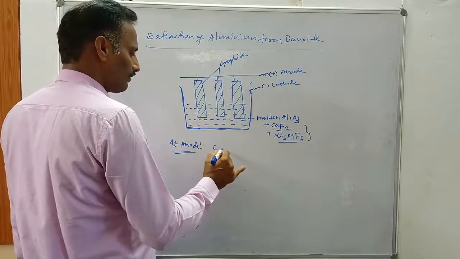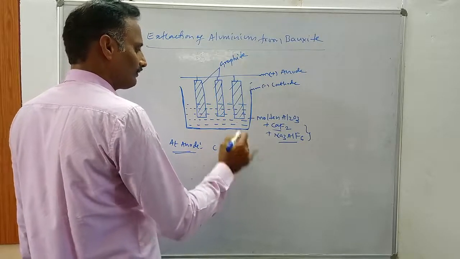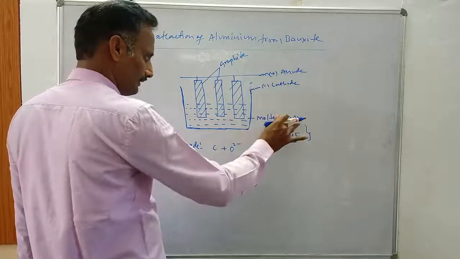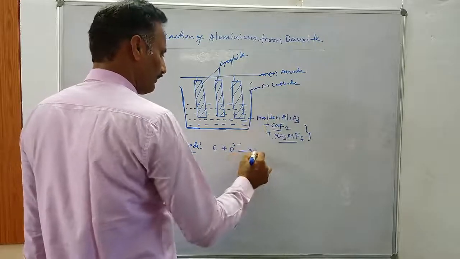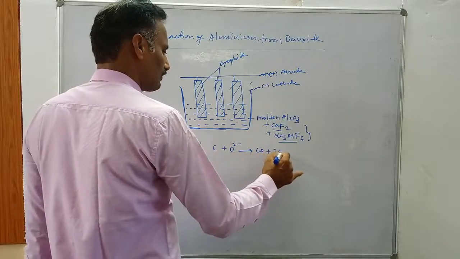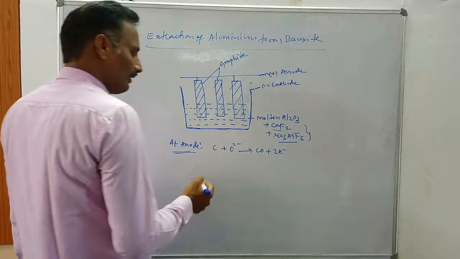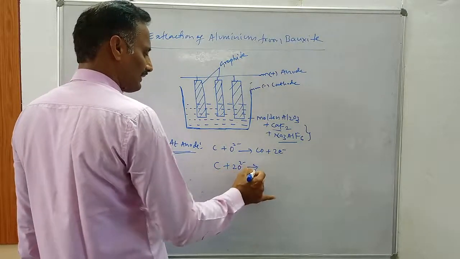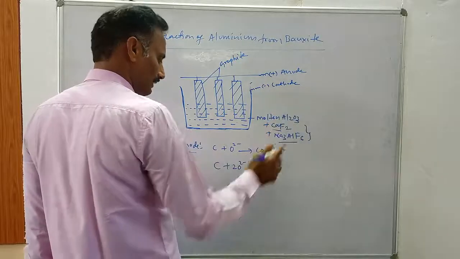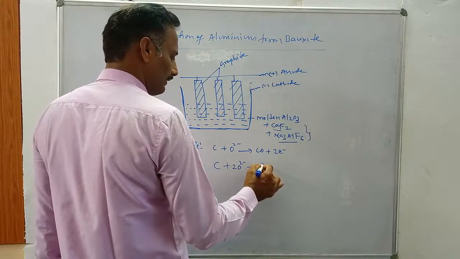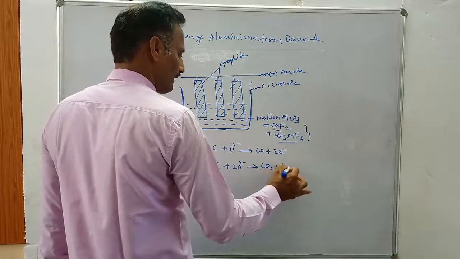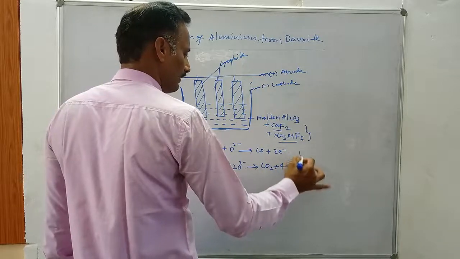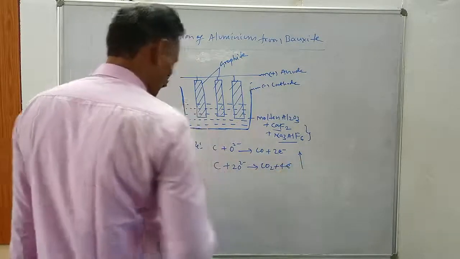At the anode, carbon combines with oxygen released by the molten Al2O3, and you get carbon monoxide and 2 electrons. Or the carbon also combines with 2 O2- present in bauxite, then you get CO2 and 4 electrons. These are the two reactions possible at the anode.